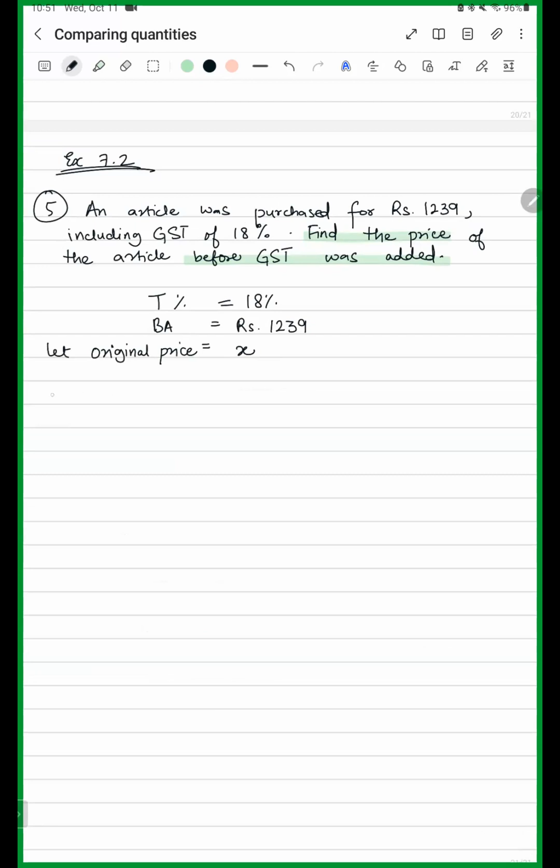Next, what is the formula that we know? Original price plus tax gives you bill amount. But tax we don't know. So tax is equal to what? Tax percent of original price. Original price, marked price, whatever you want to call it.